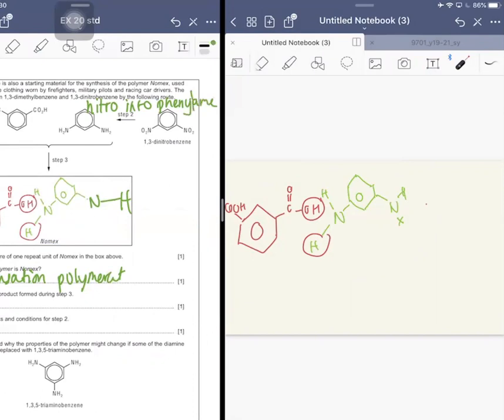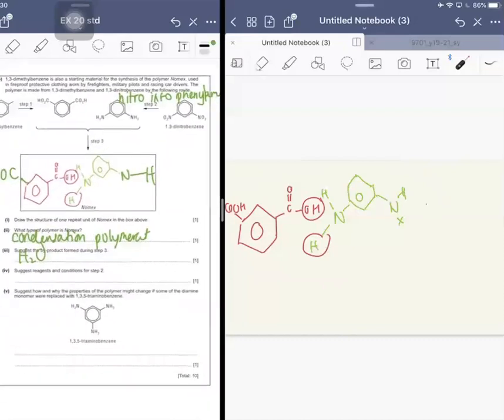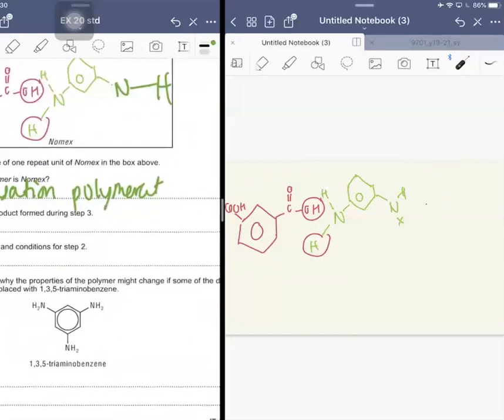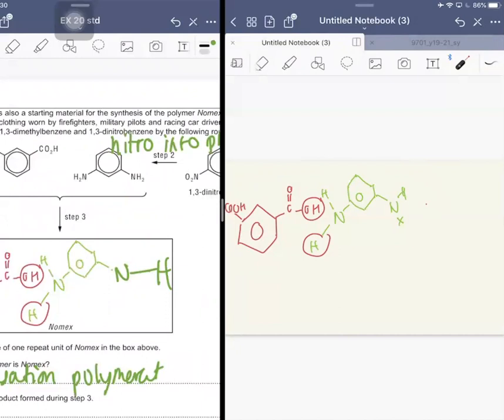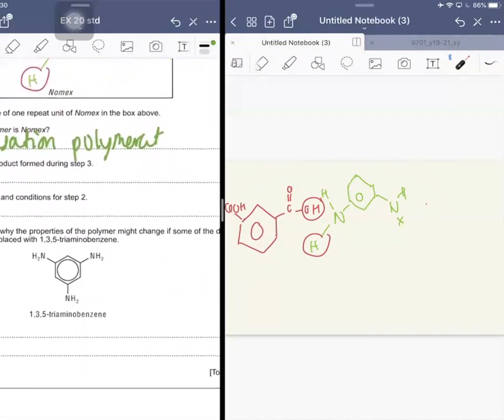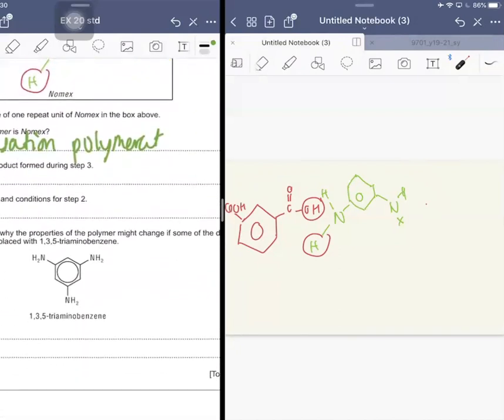Phenylamine. Suggest how and why the properties of the polymer might change if some of the diamine monomer were replaced with 1,3,5-triaminobenzene. The difference between triaminobenzene and the starting material, the one with only NH2, is that now you have more electron-rich, electron-loving components here, and these form strong hydrogen bonds.